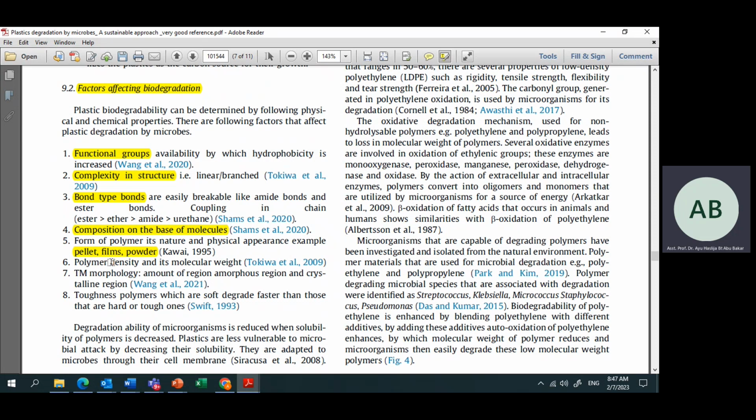Okay, the density and its molecular weight, the morphology, amorphous and crystalline regions, are also factors. And also the toughness. Soft ones degrade faster than those that are hard and tough.